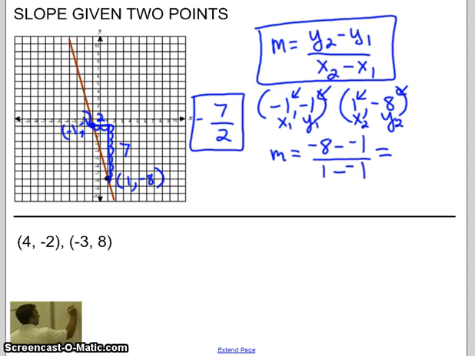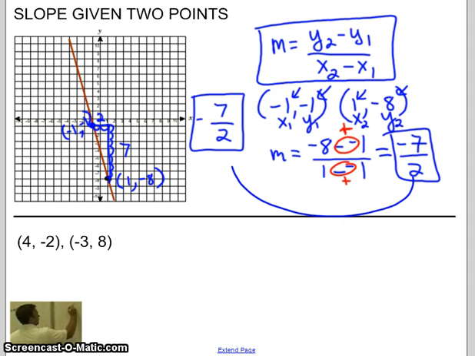Negative 8 minus negative 1 is just like negative 8 plus 1, which we get negative 7. And then 1 minus negative 1 is really 1 plus 1, which is 2. So we get negative 7 over 2.